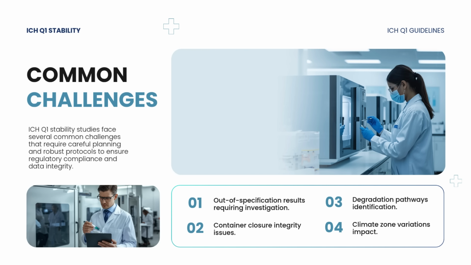Ensuring that packaging adequately protects the product is vital for maintaining stability throughout its shelf life. Lastly, the impact of climate zone variations cannot be underestimated. Different regions can have varying effects on product stability, necessitating tailored stability studies to account for these differences.